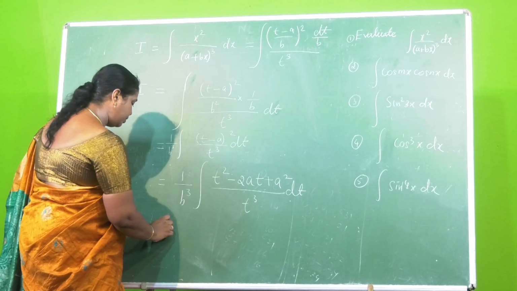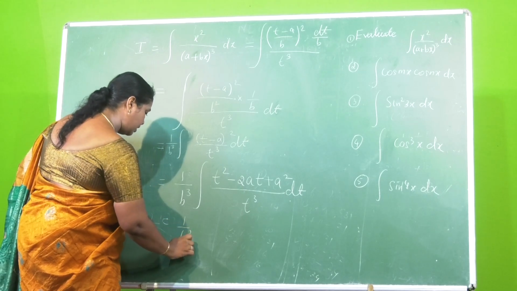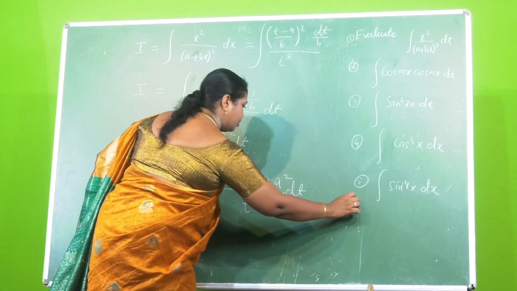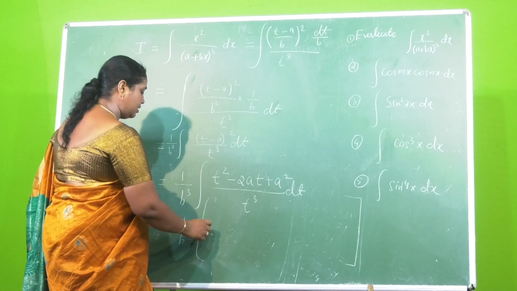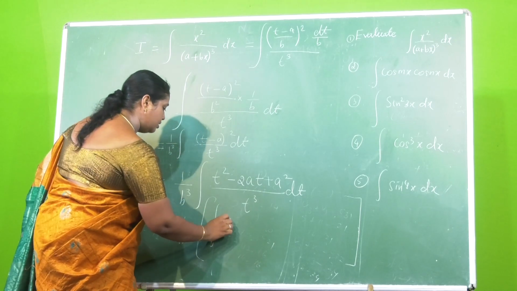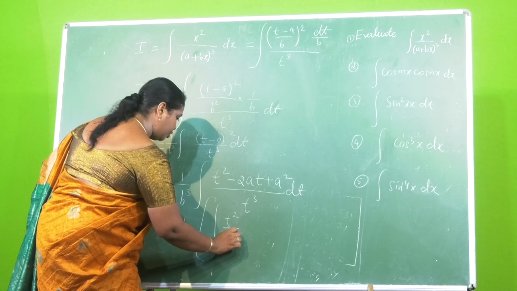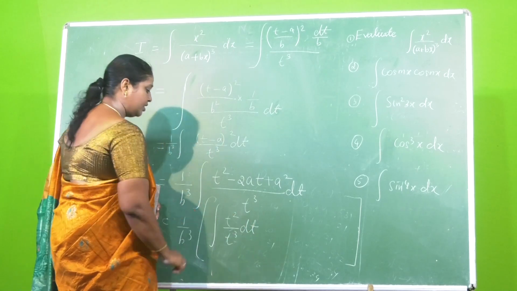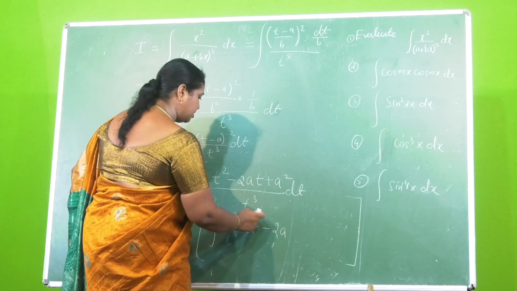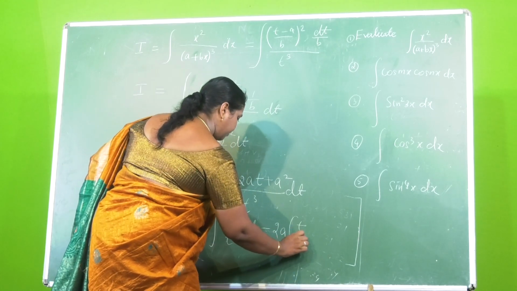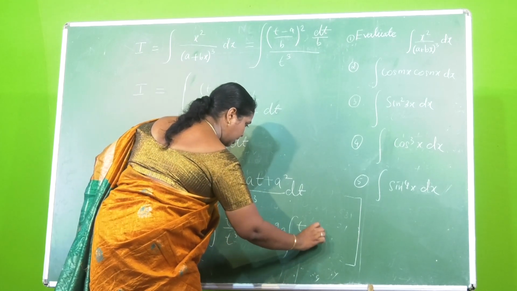Now what will you do in the next step? We have to write each term separately. The first integral will be t square by t cube dt. The second integral will be minus 2a, the constant we are taking outside, times t divided by t cube dt.